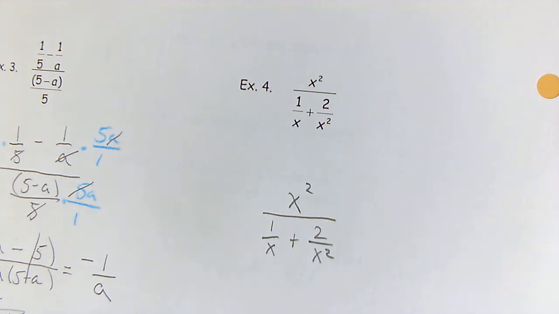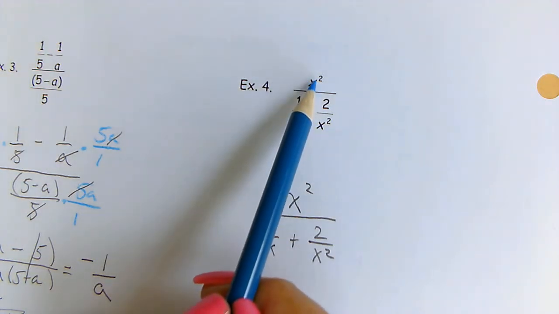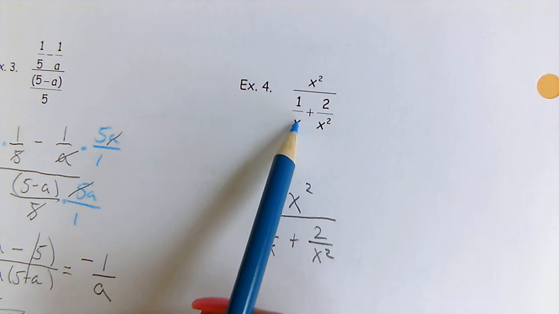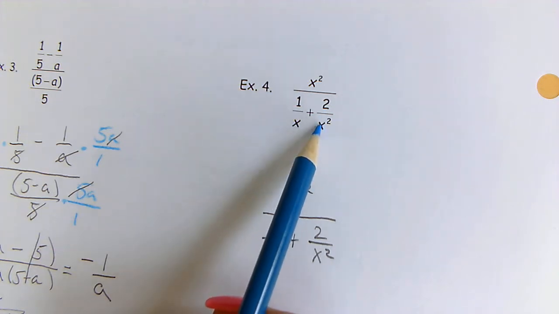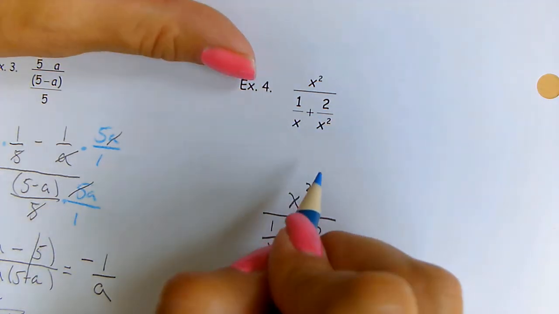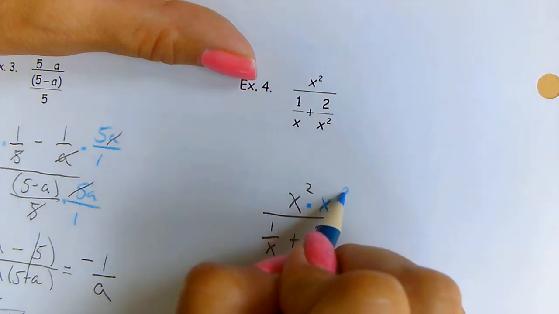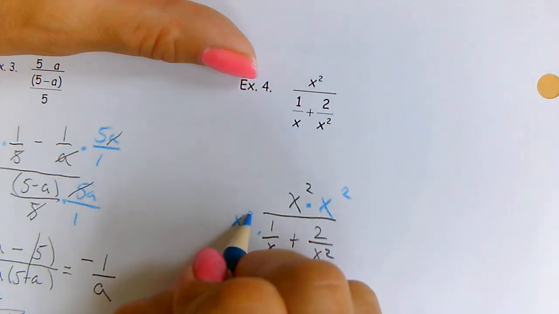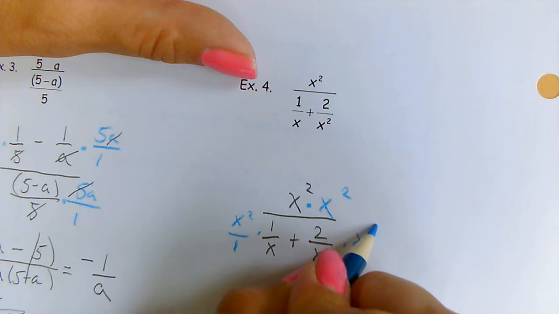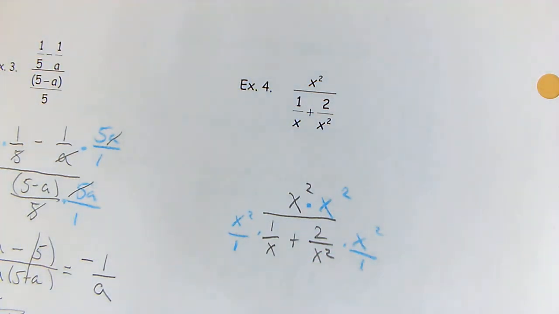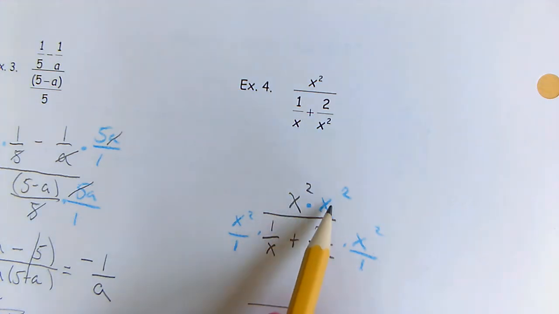Example 4, I'm not worried about this. It's not a fraction. My denominators are x and x squared. My lowest common denominator is going to be x squared. I will multiply everything by x squared. There's nothing to simplify.